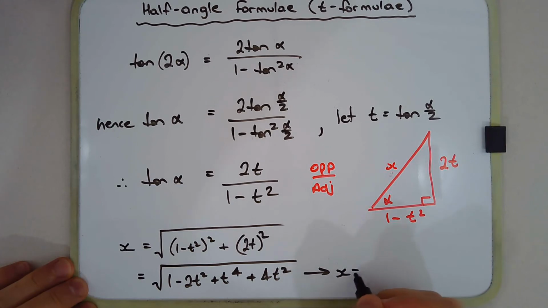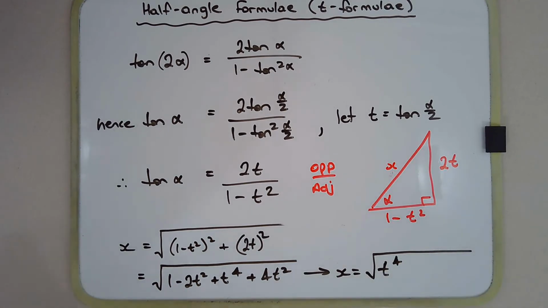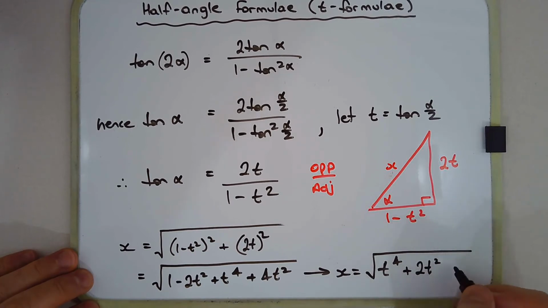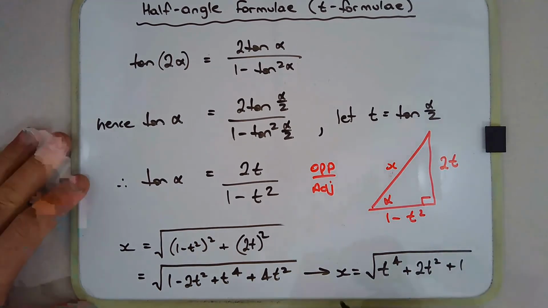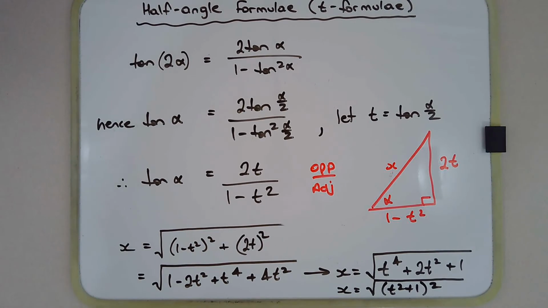So x is equal to the square root of, expressing it with the highest power first, t to the power of 4 plus 2t squared plus 1. Now notice what's under the surd is in fact a perfect square. So x is equal to the square root of t squared plus 1, all squared. And of course, if we take the square root of a square, they cancel, and you end up with just t squared plus 1.